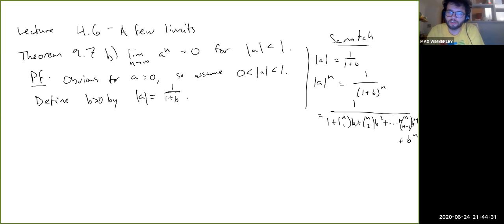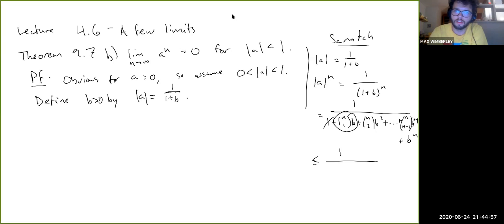So we can get an upper bound on a to the n by ignoring a bunch of the terms down here. So this is less than or equal to, it's actually strictly less than really, but it's enough to say less than or equal to just 1 over n choose 1 times b. So we basically ignore every other term. We only take n choose 1 b.